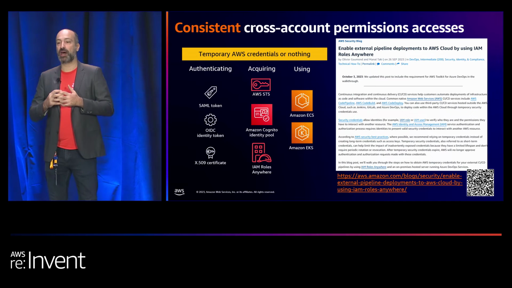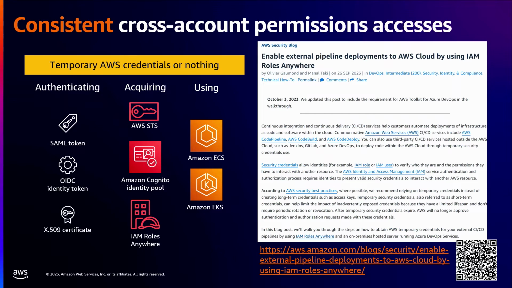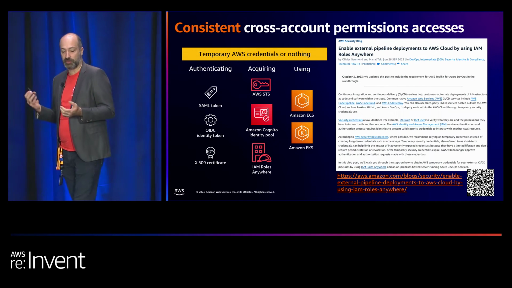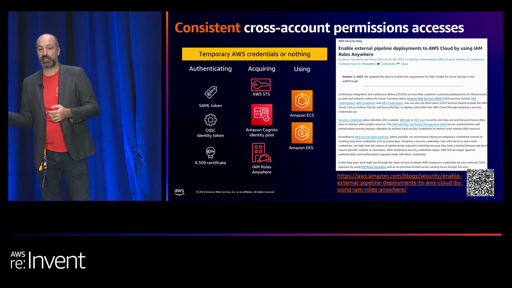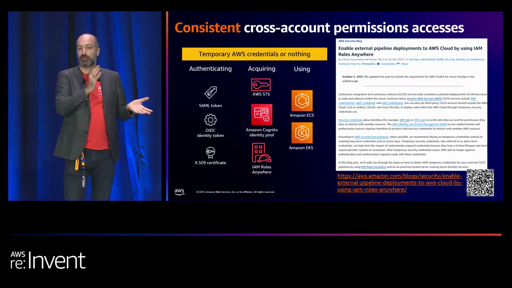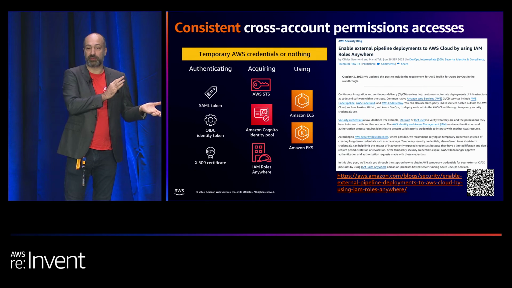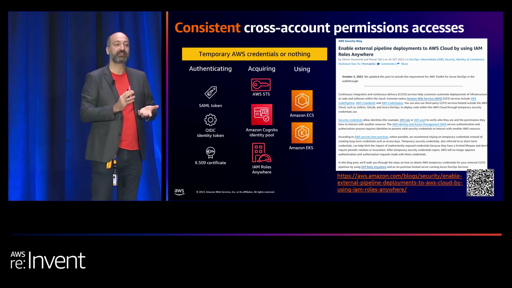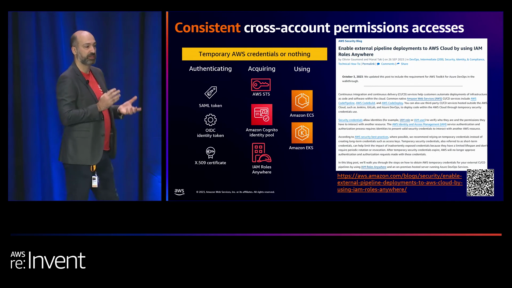And that's why we have expanded the portfolio of abilities for you to get those temporary AWS credentials issued to you. You can use services like AWS STS, which is the older service that we have for that, or IAM Roles Anywhere, which allows you, from any non-AWS environment, to still acquire temporary AWS credentials and act upon AWS resources.